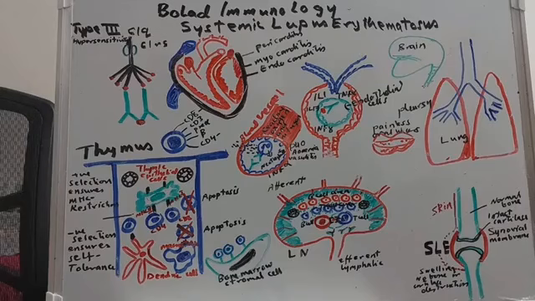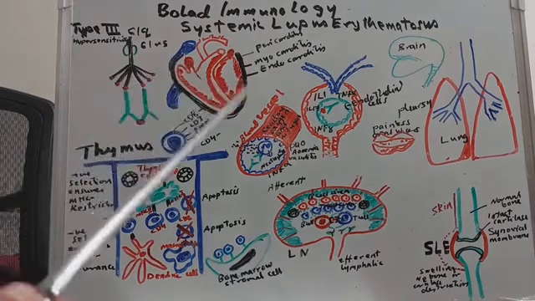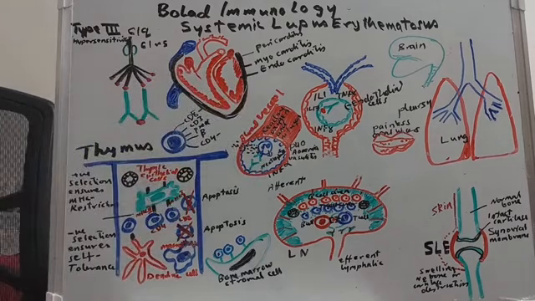SLE is a multi-system disease and can affect many organs, many parts of the body. As can be seen here, it has effects in different parts of the body. This is, for example, the glomerulus.